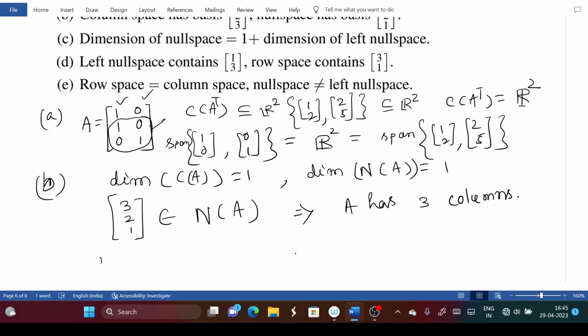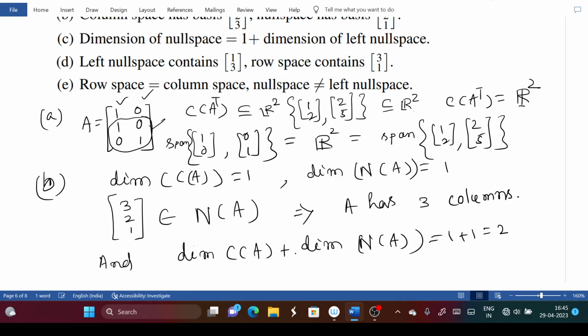And we know the dimension of the column space of A plus the dimension of the null space of A is equal to 1 plus 1 is equal to 2, but originally it should be the same as the number of columns of A, which is equal to 3.